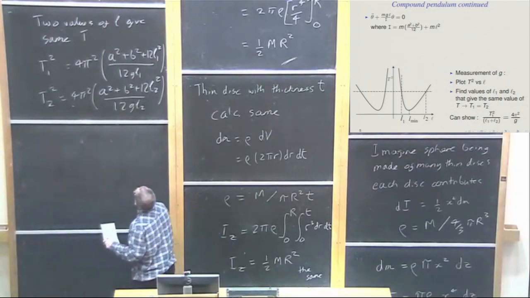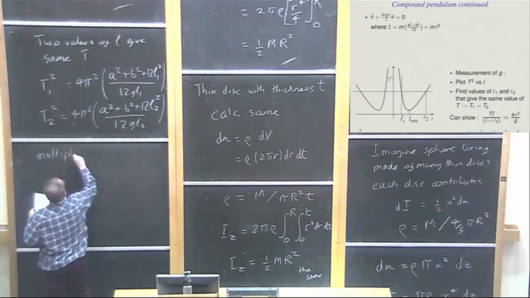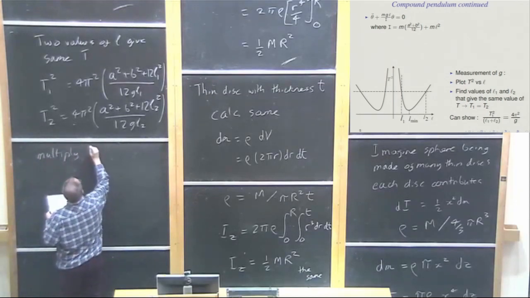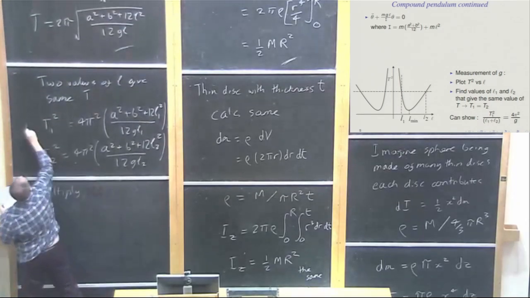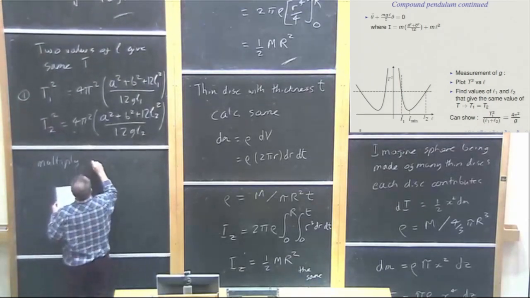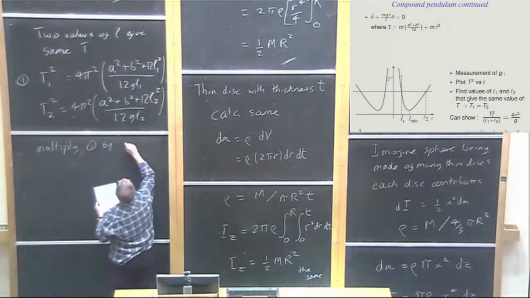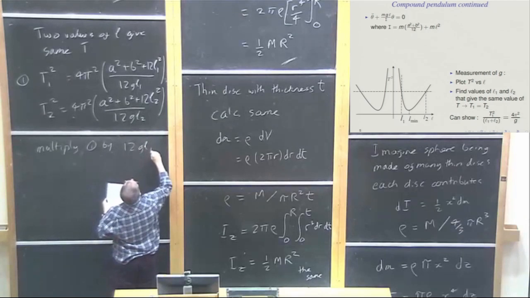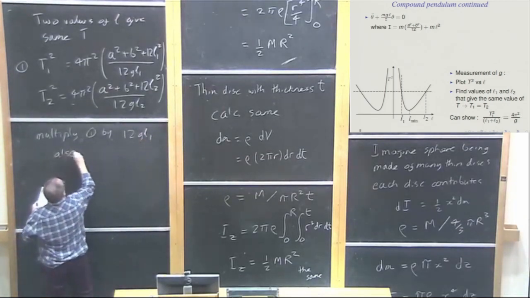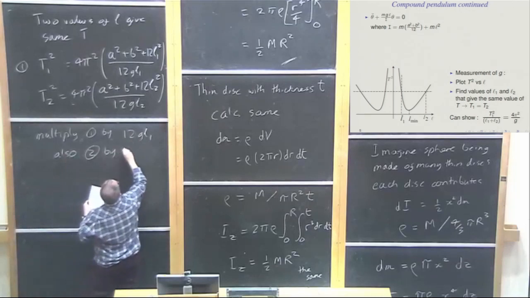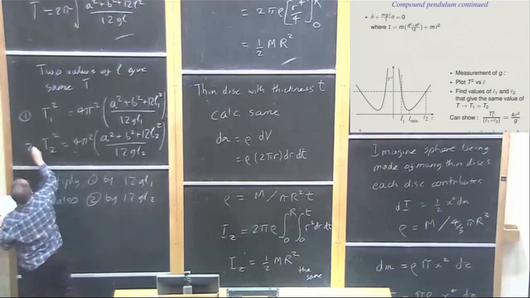So let's multiply both expressions. I multiply expression 1 through by this denominator, 12 g L1, and expression 2 by 12 g L2. Right, we're back on track now.